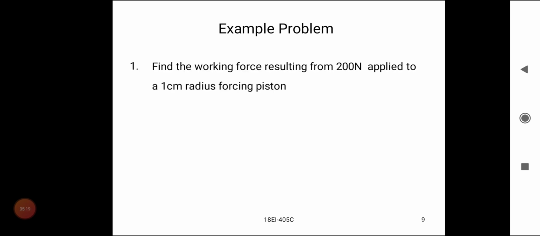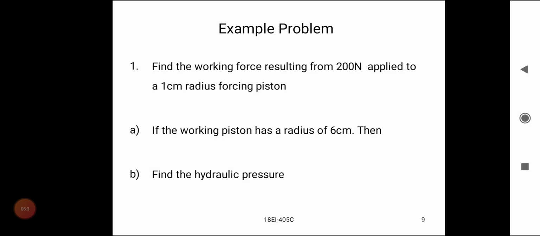Example problem. Find the working force resulting from 200 newtons applied to a 1 centimeter radius forcing piston. If the working piston has a radius of 6 centimeters, also find the hydraulic pressure.